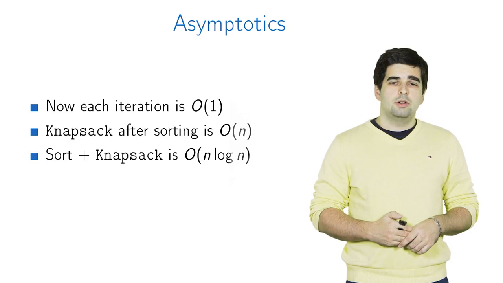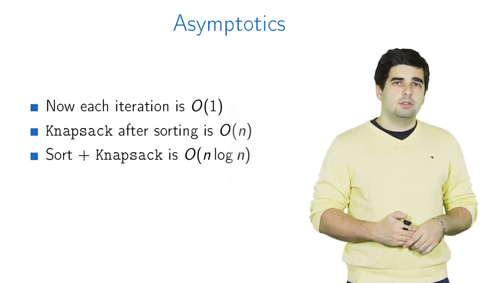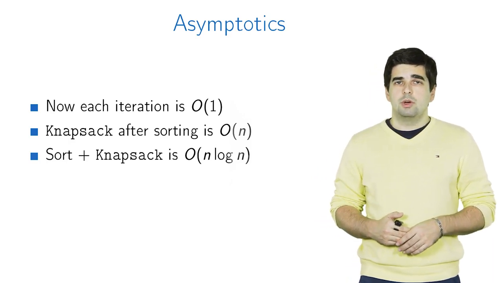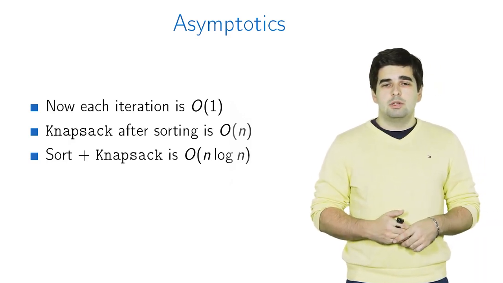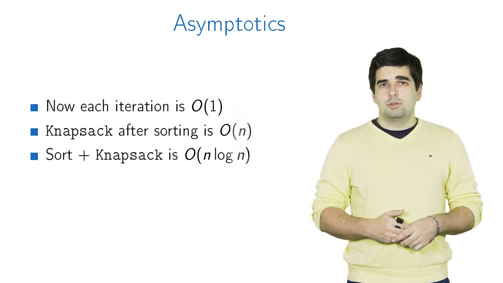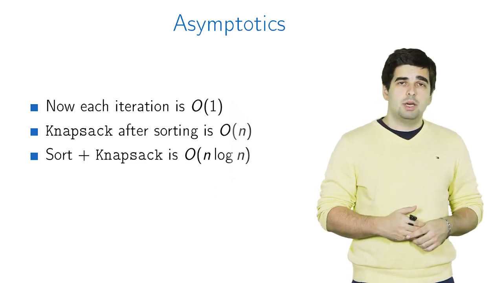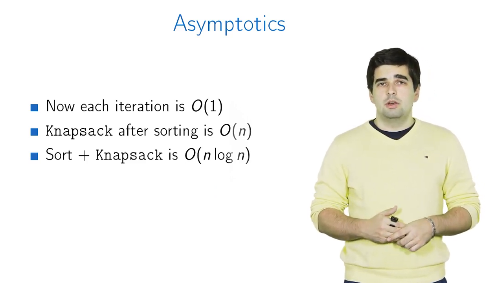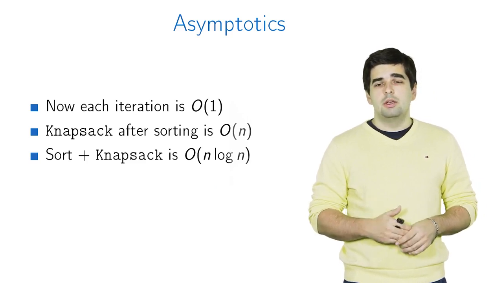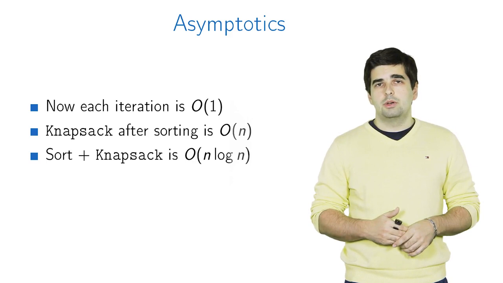So this new algorithm now works in linear time because it has at most n iterations, and each iteration works in at most constant time. So if we first apply some sorting algorithm to sort items by decreasing value of v_i over w_i, and then apply this new knapsack procedure, the total running time will be n log n, because sorting works in n log n, and the knapsack itself works in linear time.